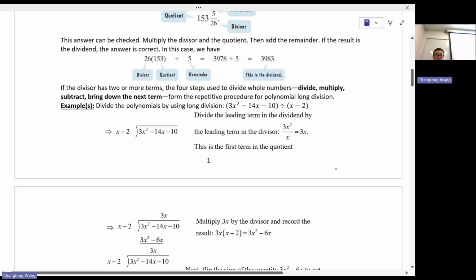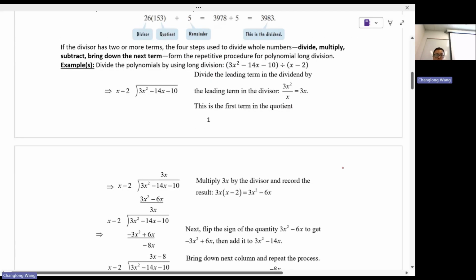But I do want to point out that our book suggests that somewhere along the way, you flip the sign.